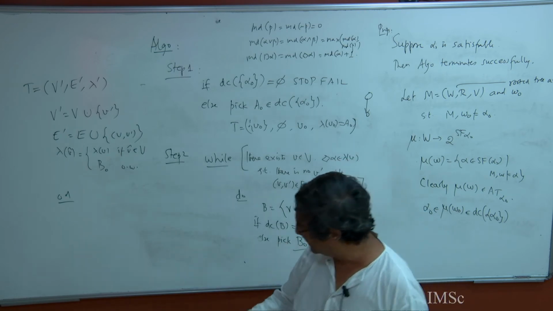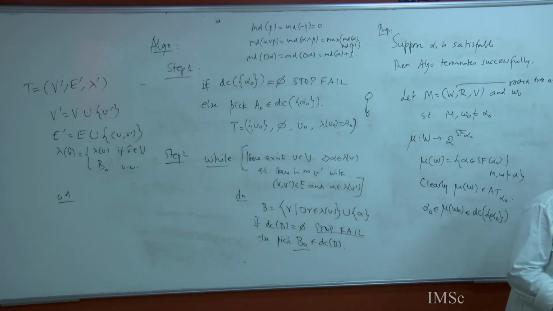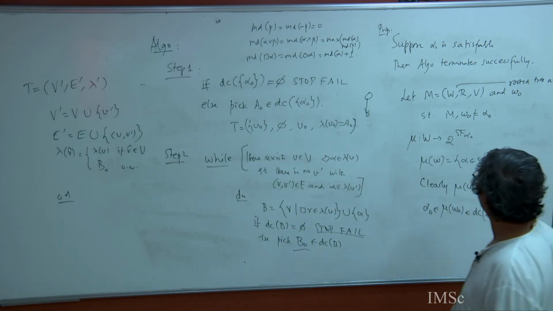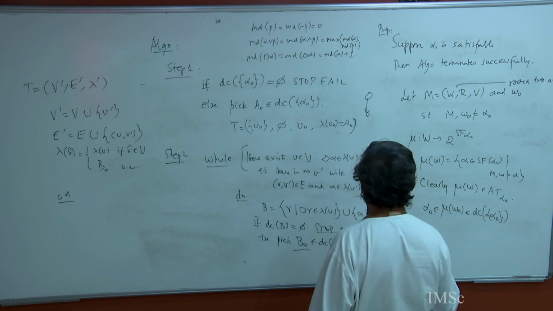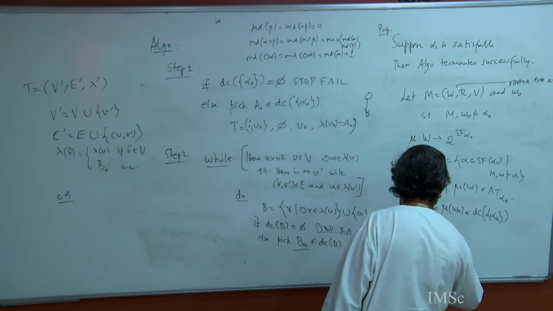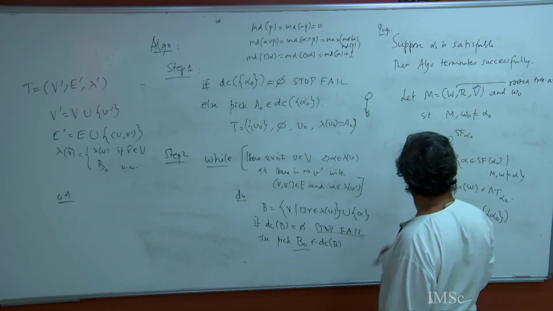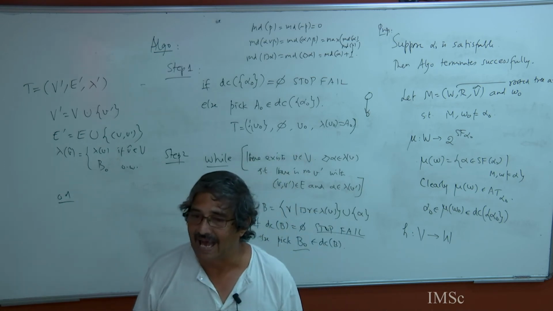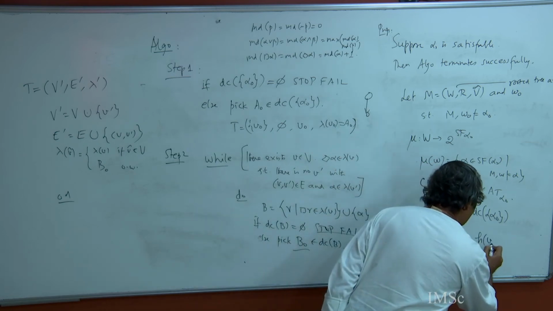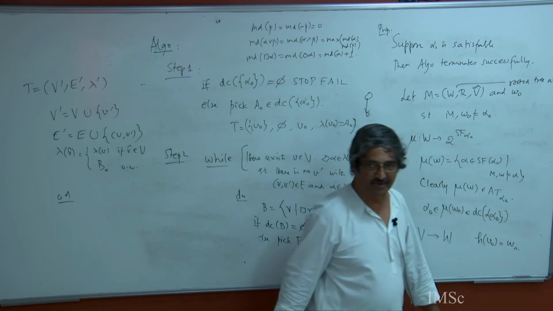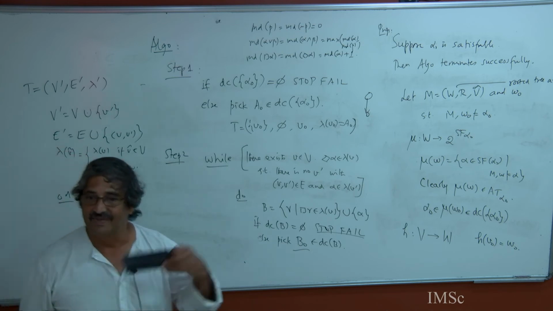And inductively, what I can actually do is build a map, let me call it H, from my tree nodes V to W. Let's call this V hat or something like that, valuation. From the vertices of my tree, I build a map to the worlds. What is H of V naught? W naught, right? Now inductively, I have labeled everything with some world.